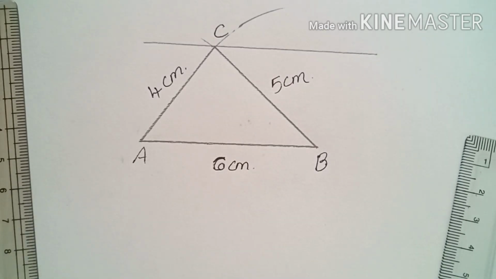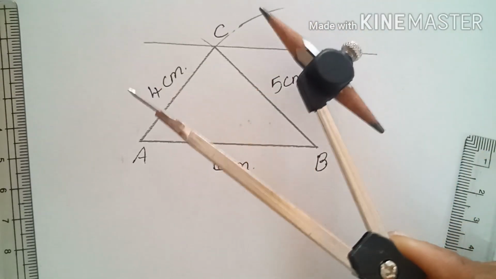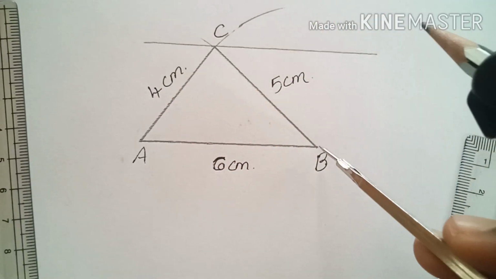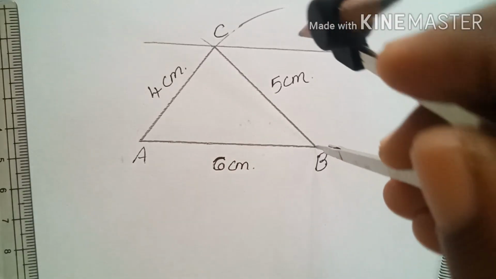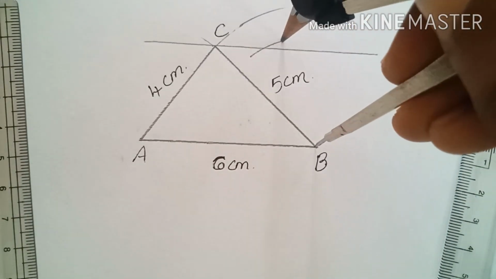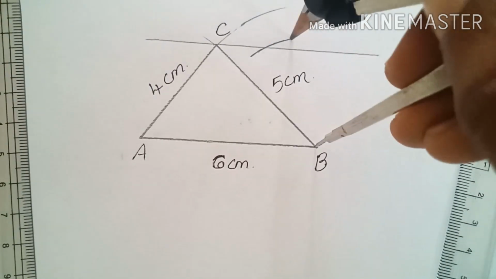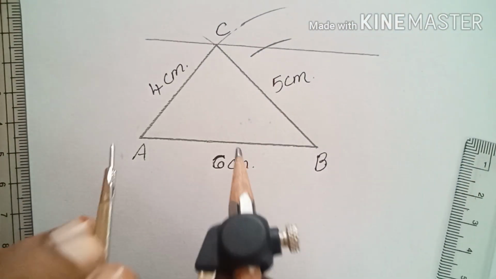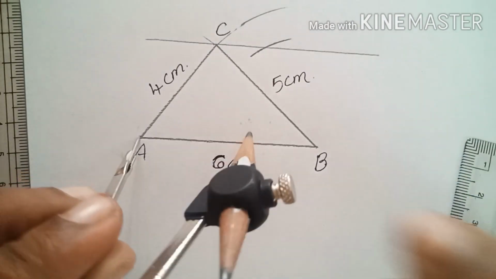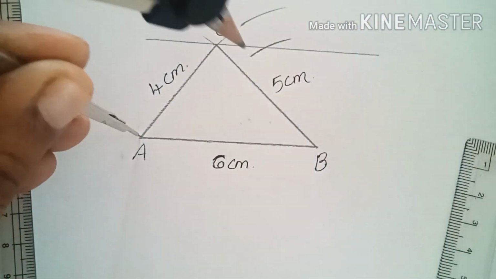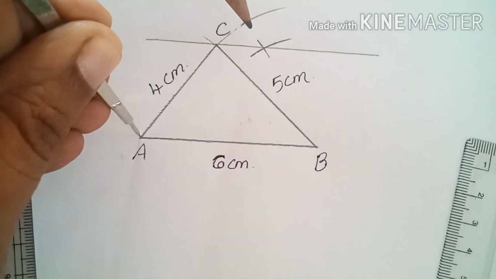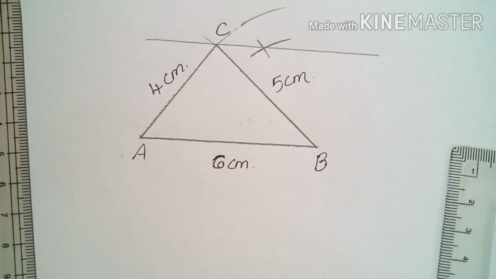Now we have to draw the triangle. For that we can take any point on the line. Use the compass for that. Take your compass and keep the pinpoint at the point B and draw an arc anywhere on the upper line like this. Now from the same point draw another arc from the point A to that line like this. Now you will get a point.